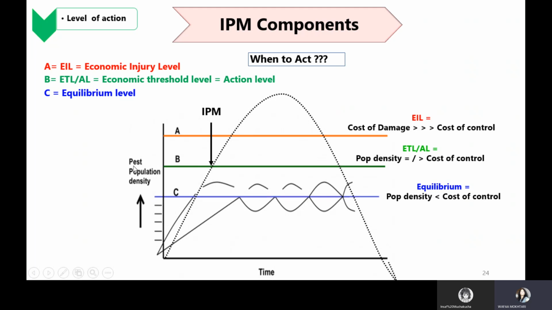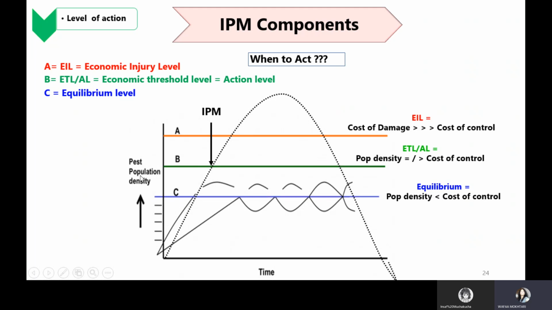If they appear, we should know every pest level, okay? And this is called the pest action level. Actually, every pest in every crop has what we call a level of action.